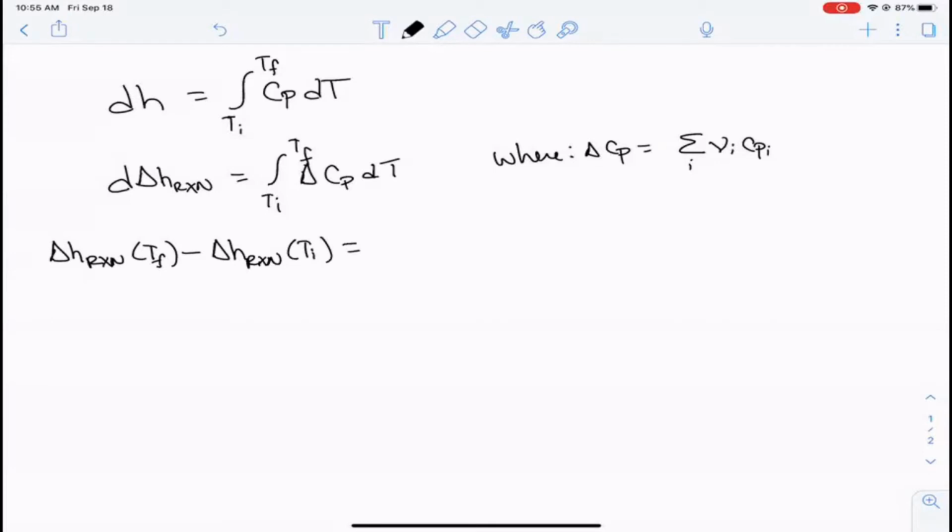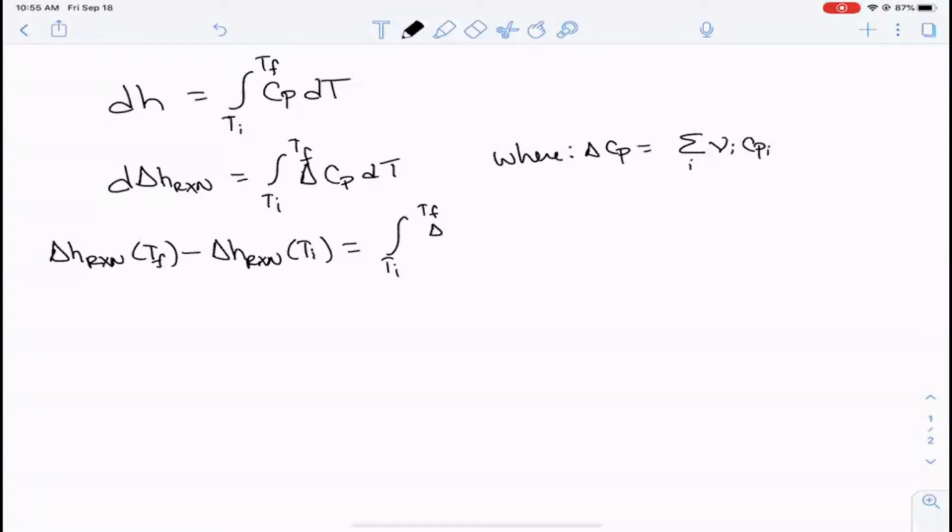And of course, you remember that oftentimes the heat capacity is not reported explicitly like this, or at least not in tables, because they want you to be able to use the heat capacity equations regardless of the units that you're working in.